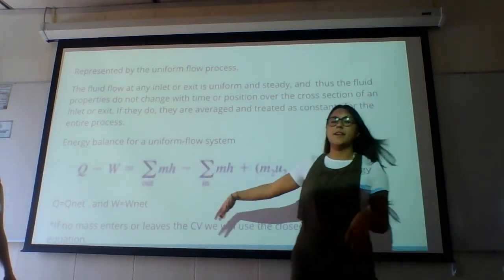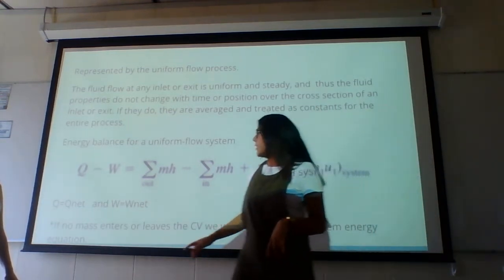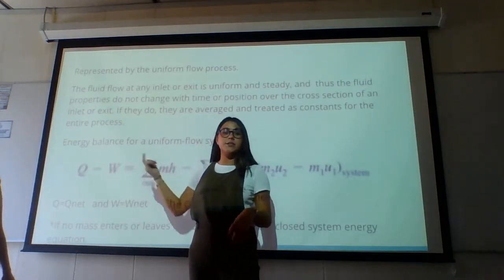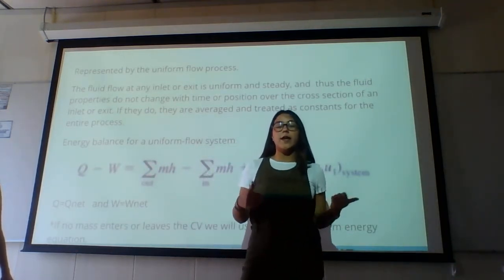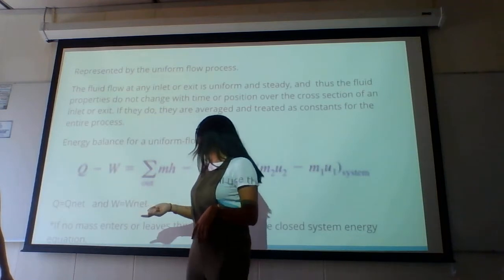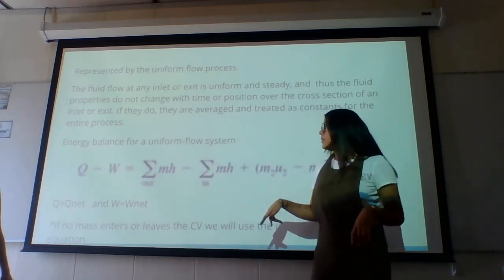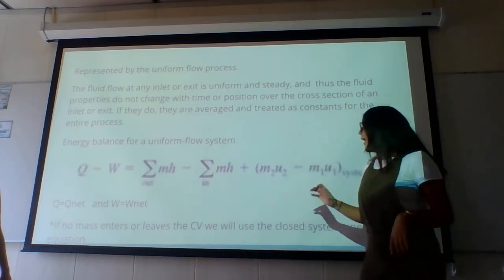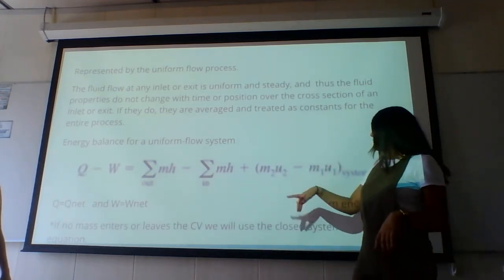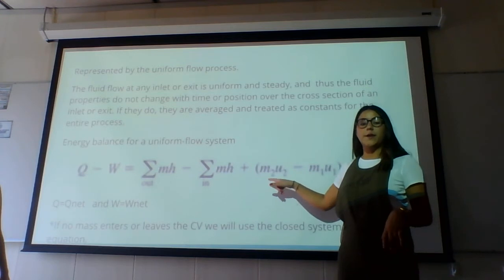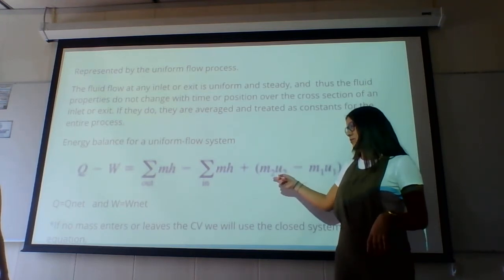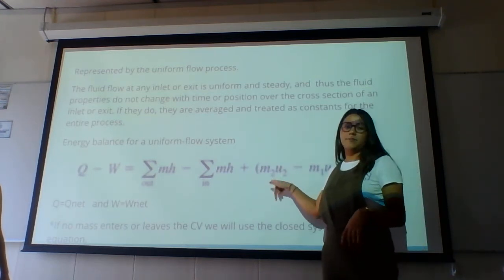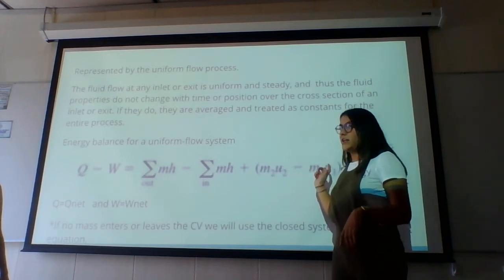So this is the equation we have, in which it's going to be the net heat, so it's the difference of heat that is going in and out, and also the work, and then it's going to be equal to the mass changing of the out minus the in, times the difference of enthalpy, and the mass times the internal energy.